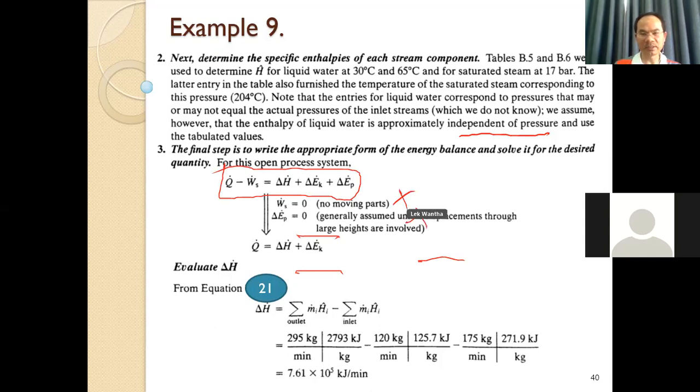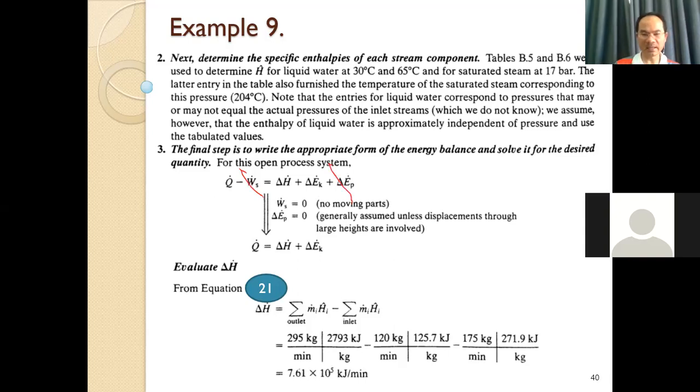Finally you get Q equal to delta H plus delta EK.